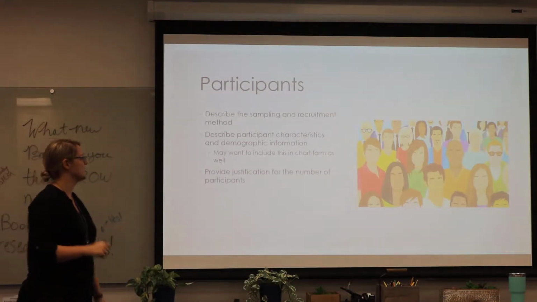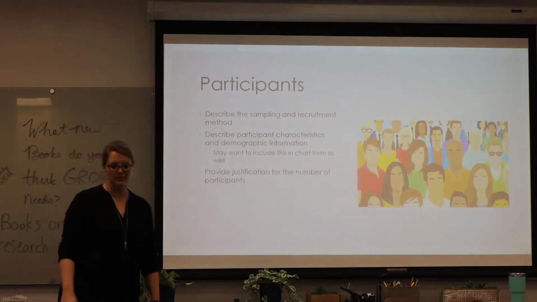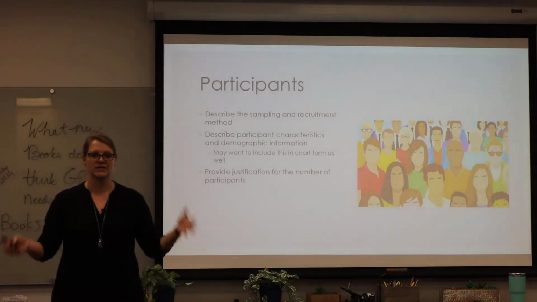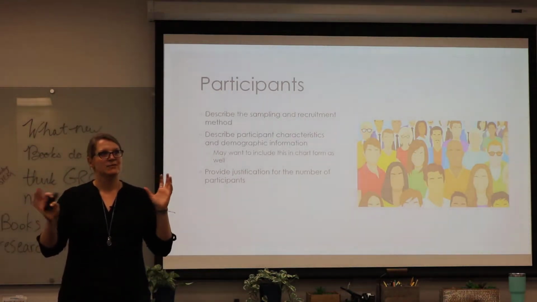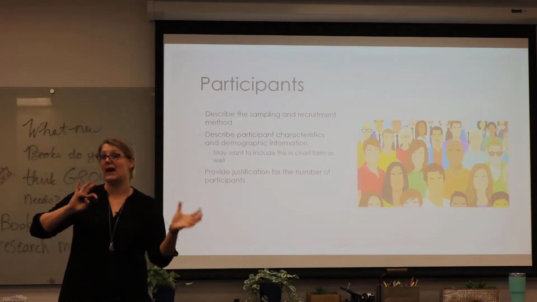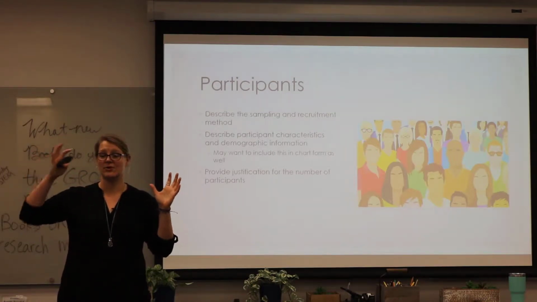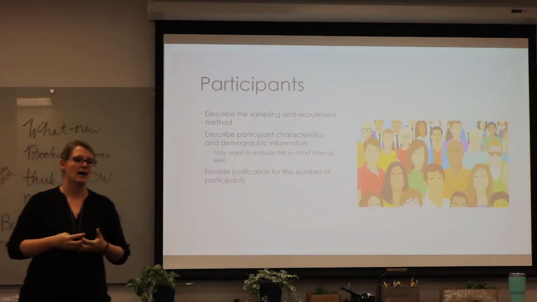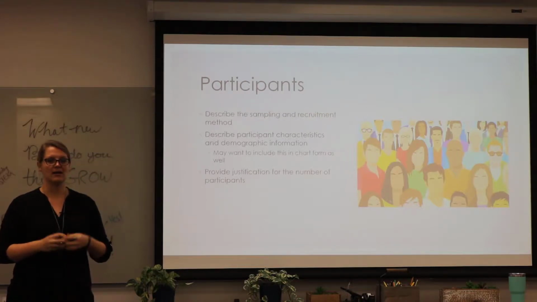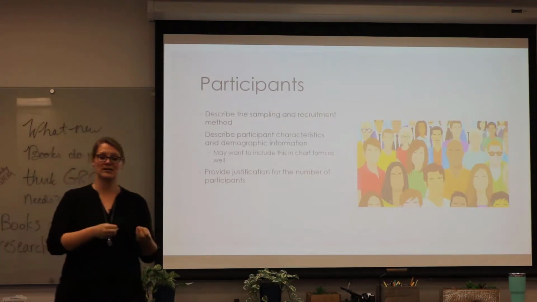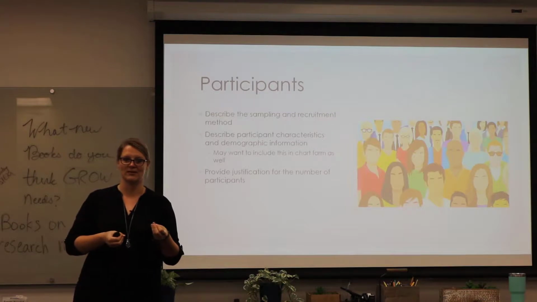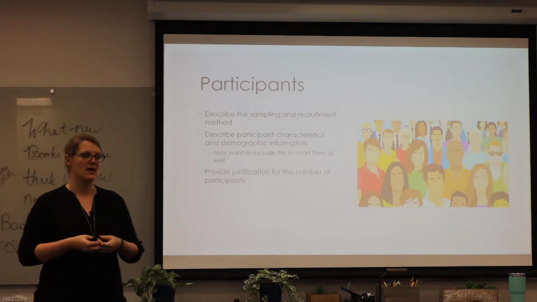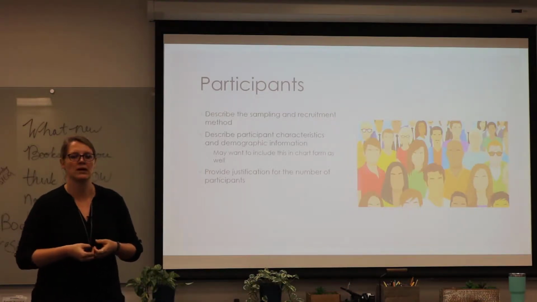And then provide justification for the number of participants as well. That part is really important. In qual research, you'll see sample sizes of anywhere from 5 to 25, 30, 50 people. And really the important part is that you justify why you have the number of participants that you have. That justification is really important.